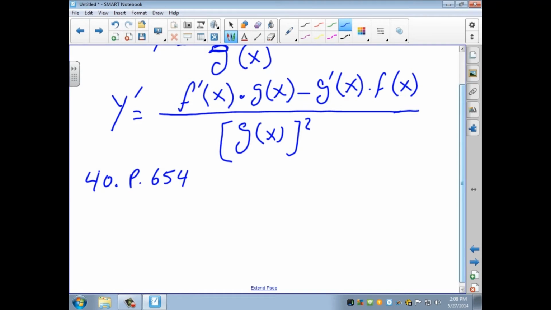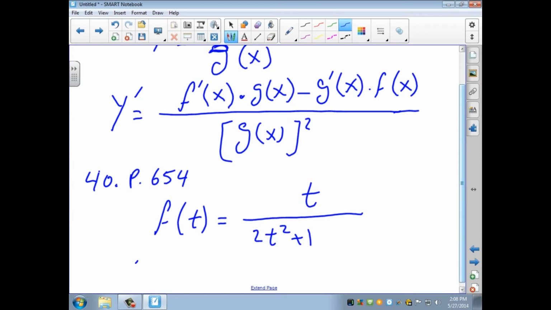It says f of t, a function of t, equals t divided by 2t squared plus 1. Therefore, to find the derivative, which is f prime of t, we follow this rule up here. It says f prime of t first. That's the derivative of the numerator. What's the derivative of t?